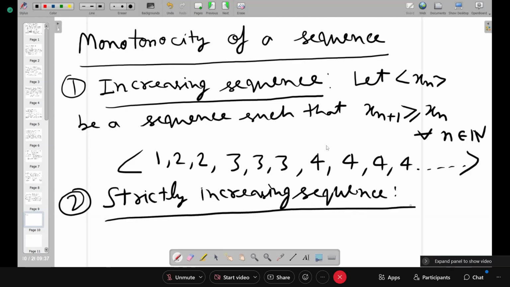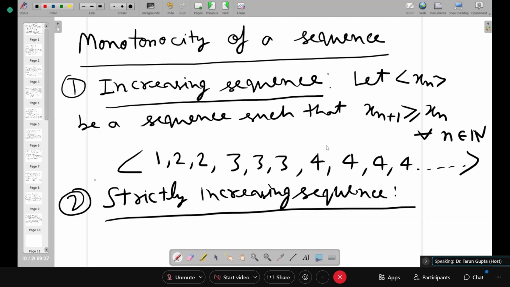Sir, is a constant sequence also increasing? A constant sequence follows the rule xn+1 is greater than or equal to xn, and it also follows the decreasing sequence rule, xn+1 less than or equal to xn.